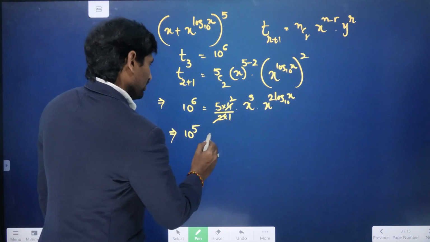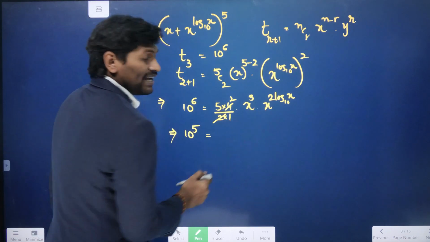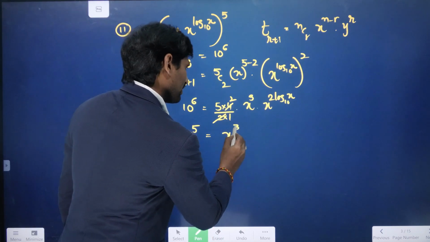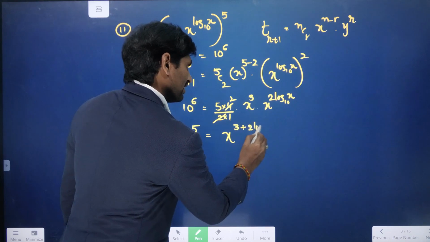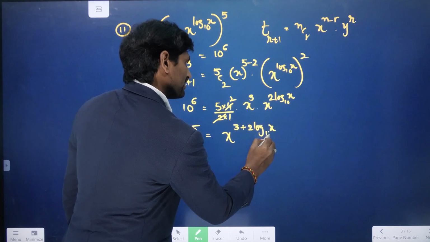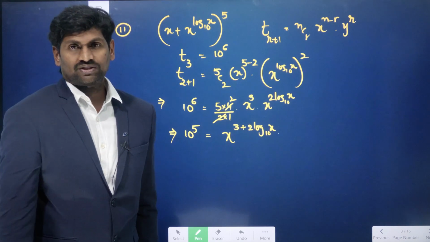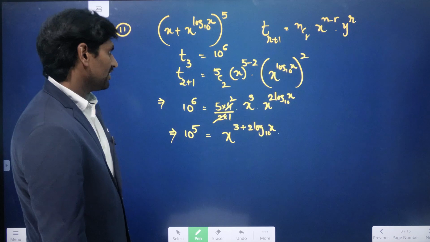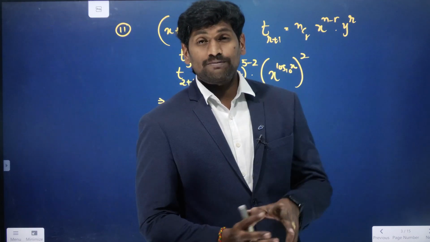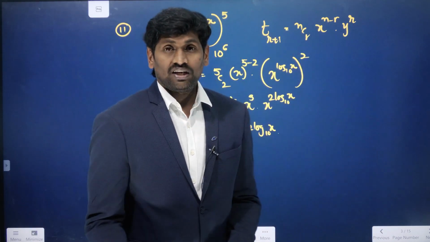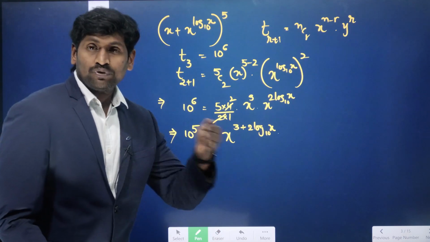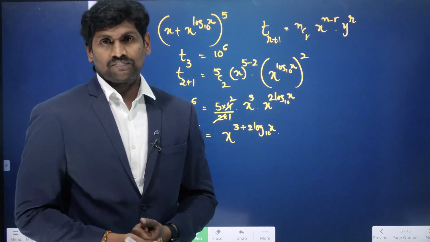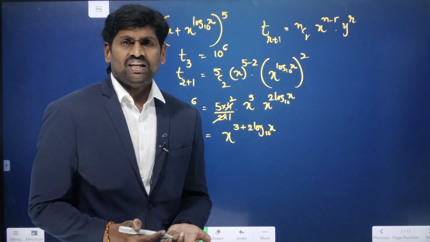So 10 power 5 equals, and while you are observing here, the bases are the same, so we can add the exponents: x power 3 plus 2 log x to the base 10. Clear? While you are observing, in the x powers we are getting logarithmic values. To remove the logarithmic values, let us assume the x value as 10 power k. Then we can find the k value.